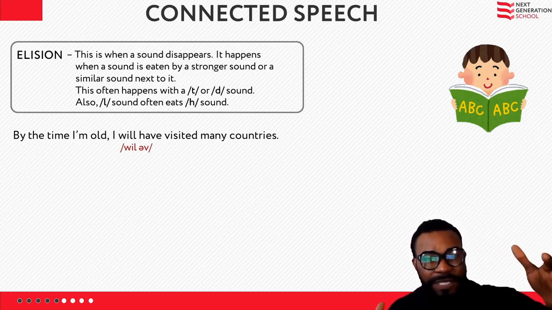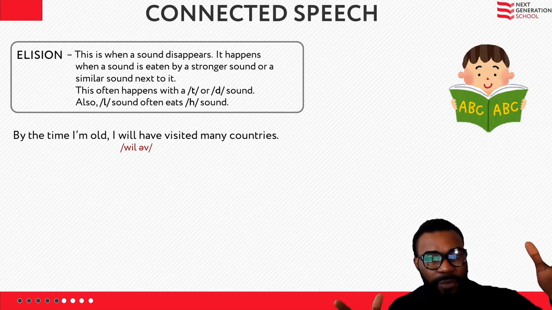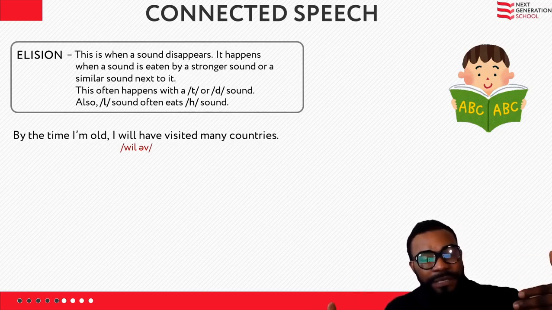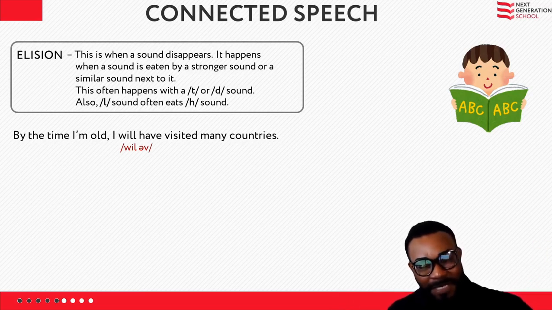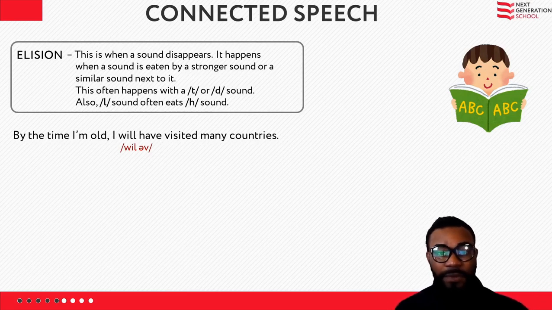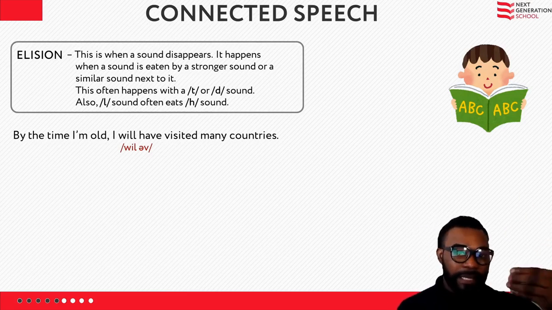I will have visited many countries. So let's practice. By the time I'm old, I will have visited many countries. I hope you guys are getting it. Will have. So L eats "ha."